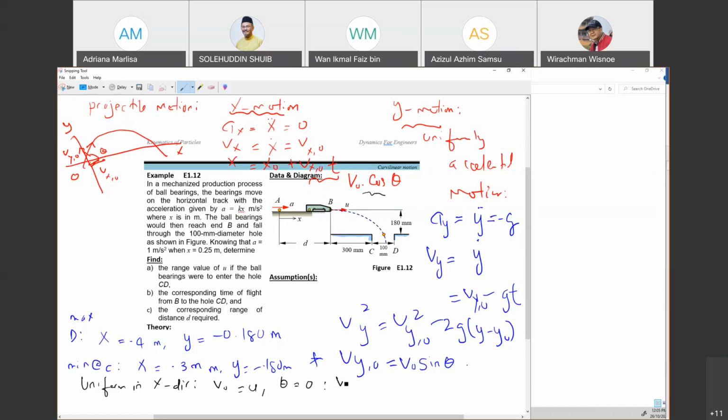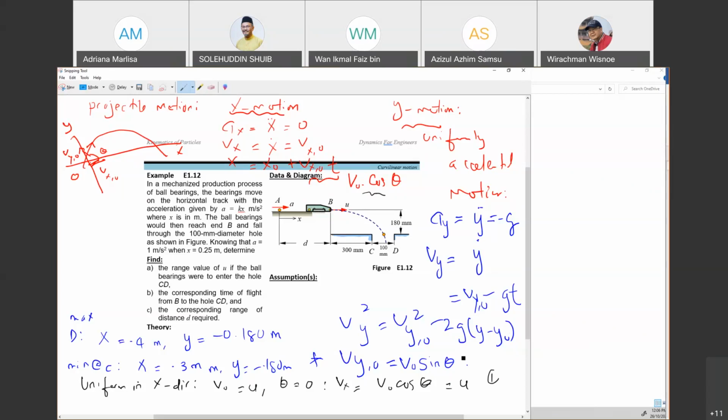So you dapat Vx equal to V0 cos theta, equal to u. So I name this one equation 1.